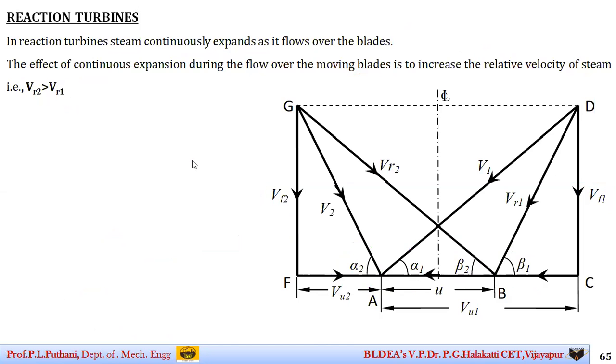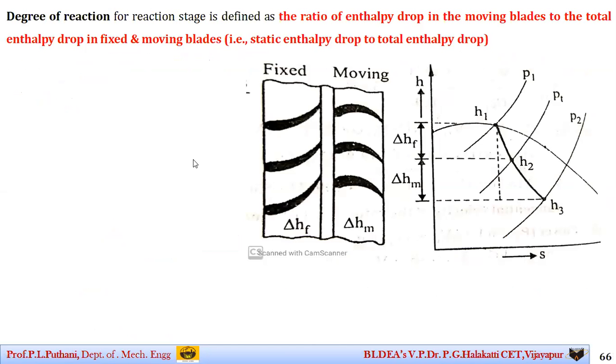Now, moving ahead. The degree of reaction for reaction turbines is defined as the ratio of the enthalpy drop which happens in the moving blades to the enthalpy drop which happens in both the fixed blades and the moving blades together.